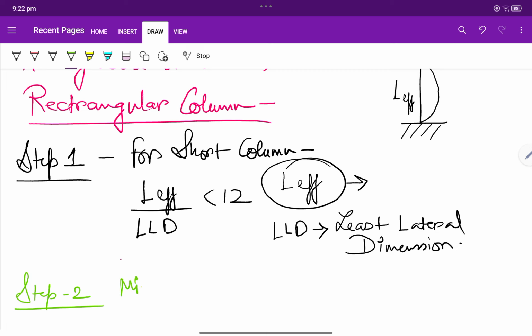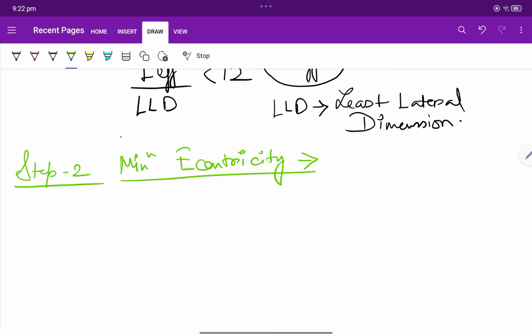Let's see how we will calculate the minimum eccentricity.